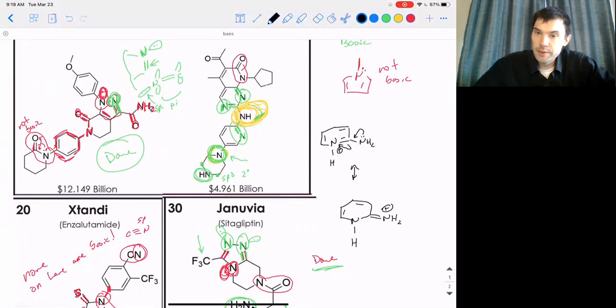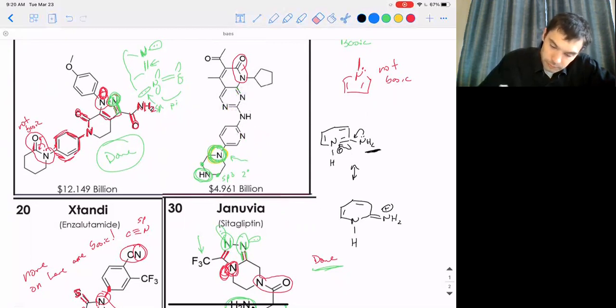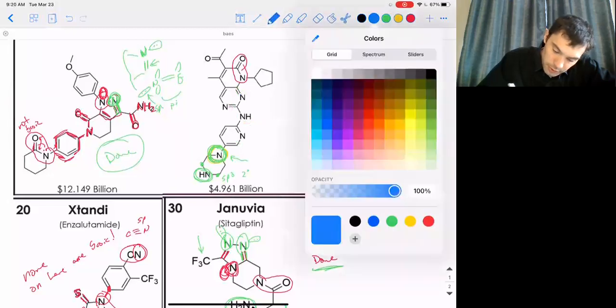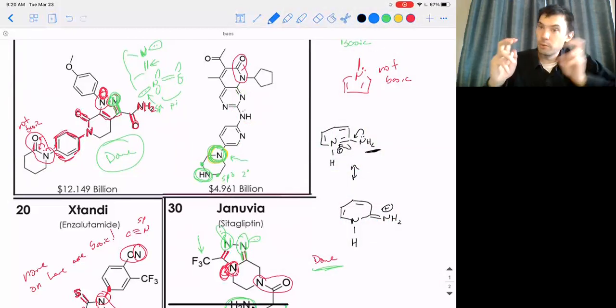And because of this, the nitrogen at the 2 position of these pyridine-like motifs, and that's what we've got here. If I erase this all, clean up my mess a little bit. So this nitrogen in the middle is not really going to be owning its lone pair all the way.